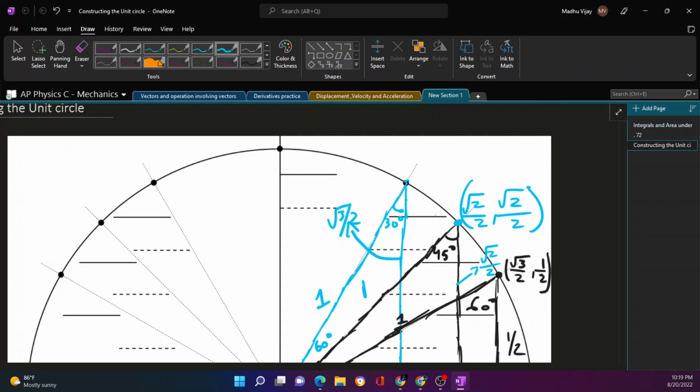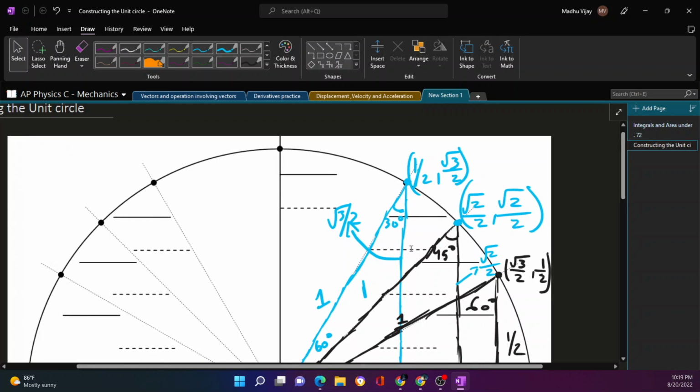So that means this point right here would be 1/2 comma square root of 3 over 2. Alright, and of course, since this is a unit circle, this point right here would just be 1 comma 0, or 0 comma 1, sorry.